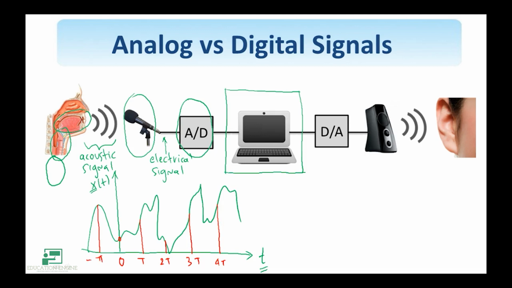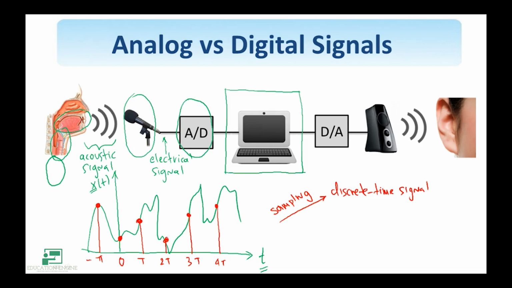So now I have the values of the signal here at this time instance, this time instance, and so on. So I have converted my signal into a discrete time signal through the process which is called sampling.